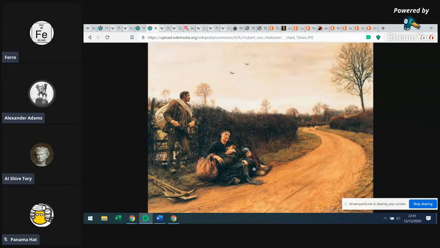This is Hard Times, a painting of day labourers stopping on a country lane, ready to resume their trudge off to get the next bout of work. Herkomer is very famous for his sentimental Victorian scenes of labourers and veterans, and he was hugely admired by many people, including Van Gogh.